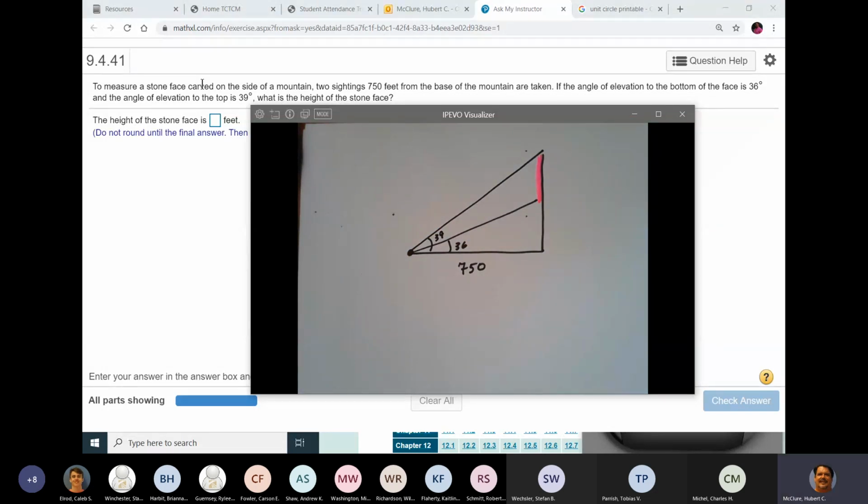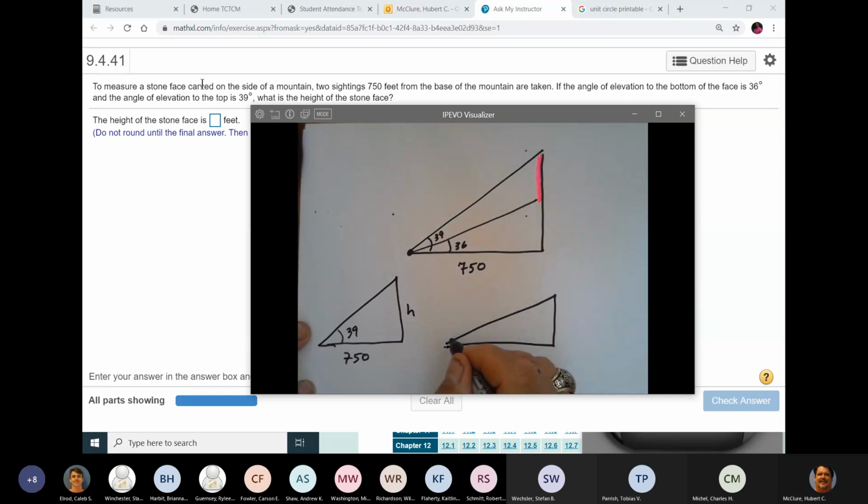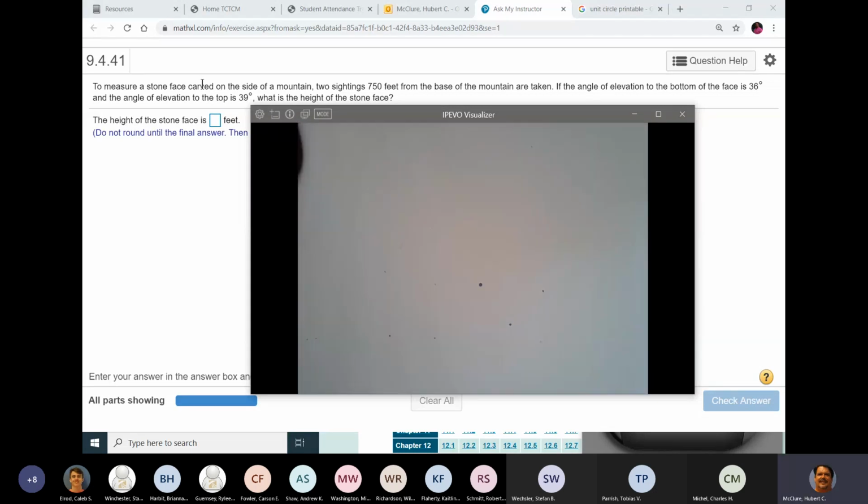Okay, you still got two triangles. You got one triangle that looks like this. You got another triangle that looks like this. 36. Looks like to me you're going to set them equal to each other again. Okay. So that's another one.